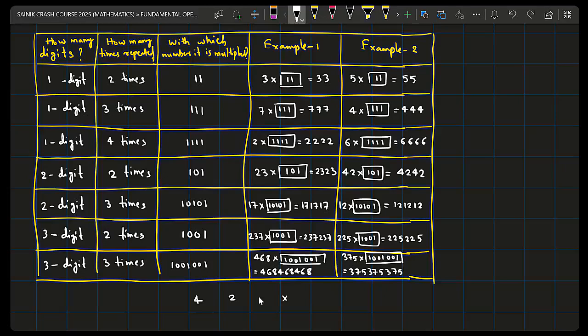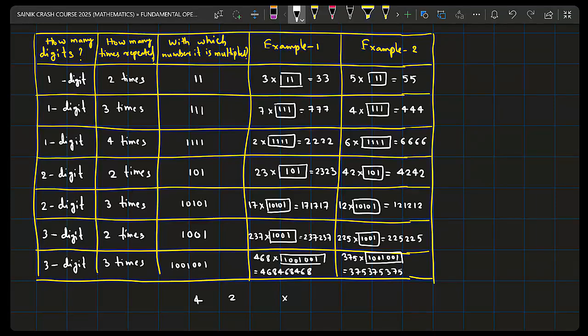If I want to repeat a 4-digit number 2 times, what is the number that we should multiply? Okay, Pranay, you can try. Anvita, can you give the answer? 11. Wrong answer. A 4-digit number, if you multiply by 11, it will not be repeated 2 times.